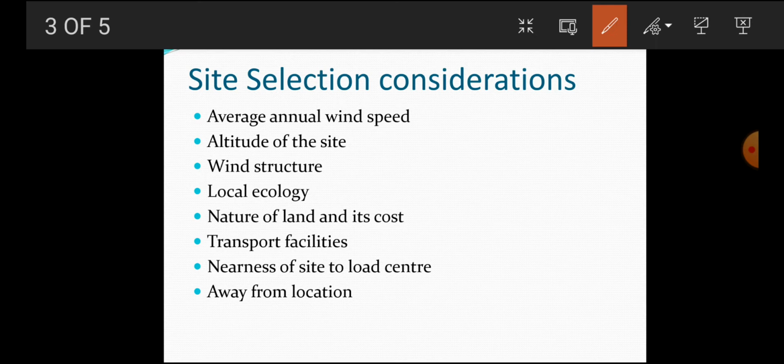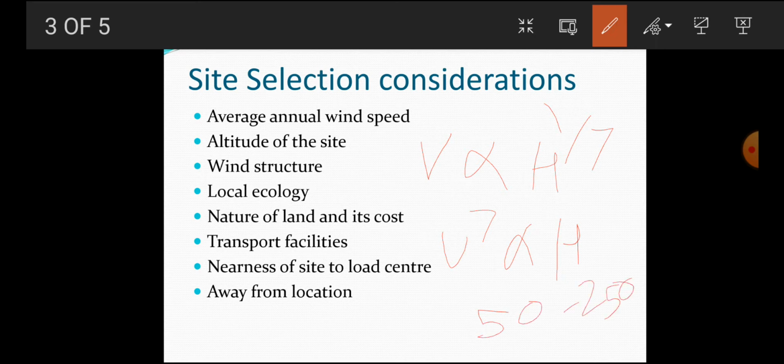The velocity of wind increases with height given by the relation V is proportional to h raised to 1 by 7, which means V raised to 7 is proportional to h. This relation is applicable for heights between 50 to 250 meters.